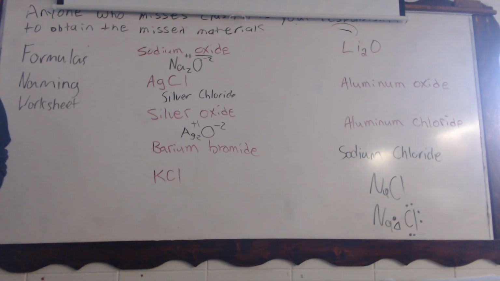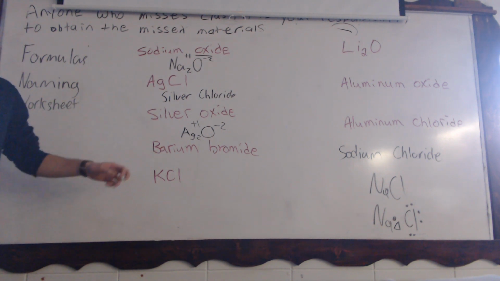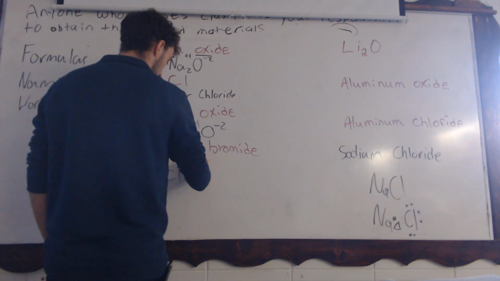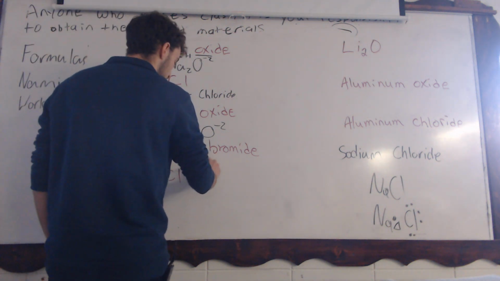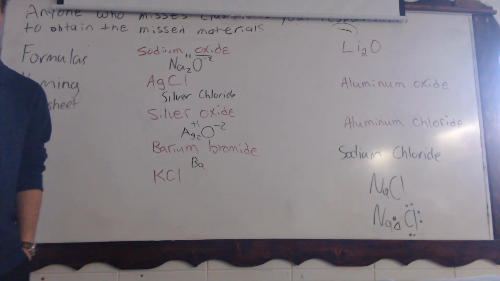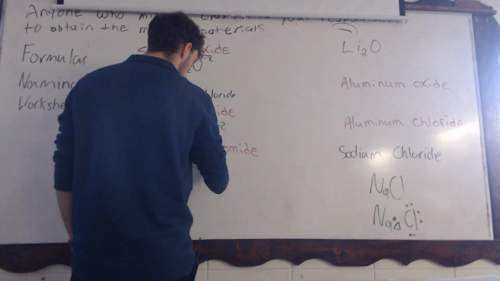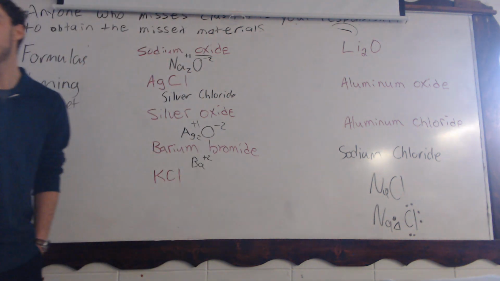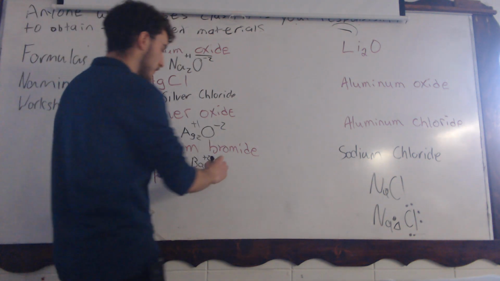Are we ready to regroup? Okay. Barium bromide. Barium, Ba. What kind of charge does barium have? Positive 2. Bromide, negative 1. Bromine, right?